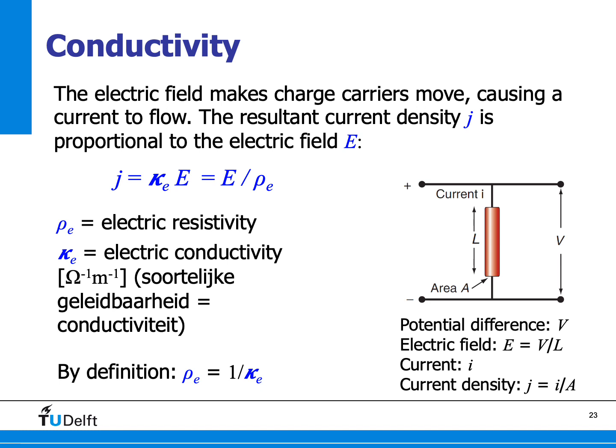And of course the conductivity is related to the resistivity via this formula: the electric resistivity is 1 over the conductivity. So the units of the conductivity are 1 over the units of the electric resistivity, so it's per ohm per meter.